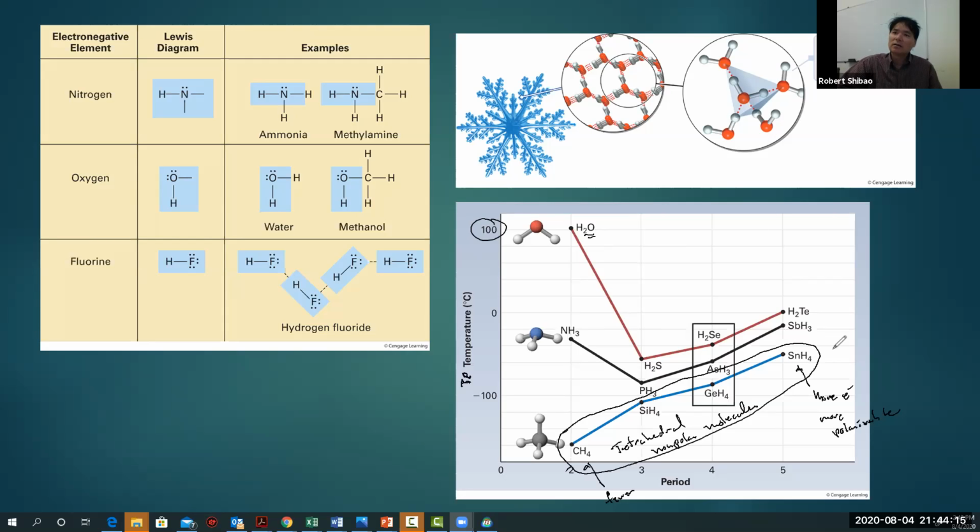And so it's got a higher boiling point, not because it's heavier, but because it's got more electrons, which lets it set up larger instantaneous dipoles than something like methane. They're all tetrahedral, non-polar.